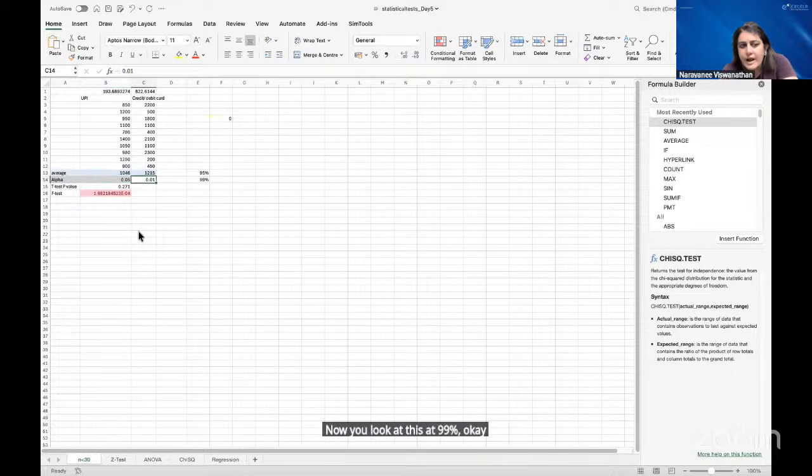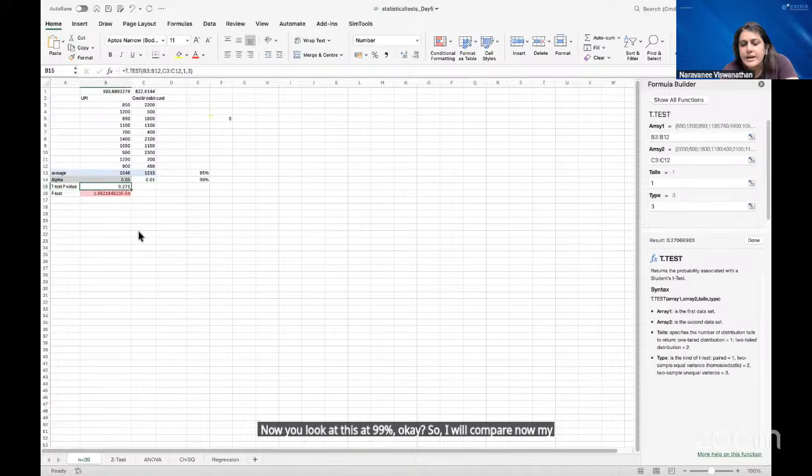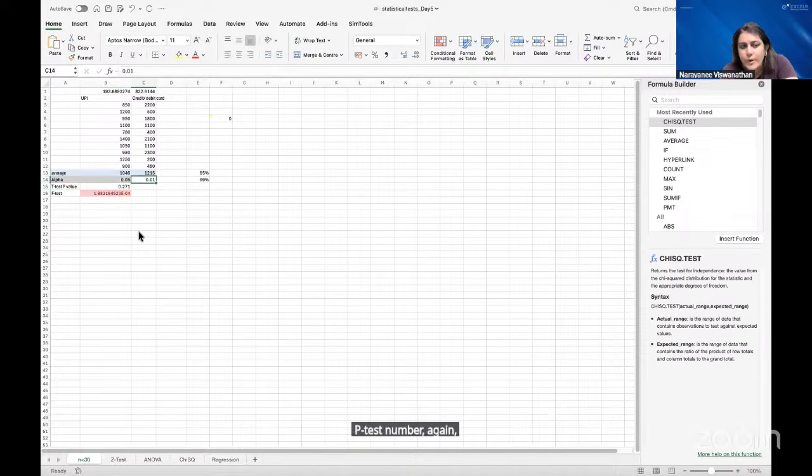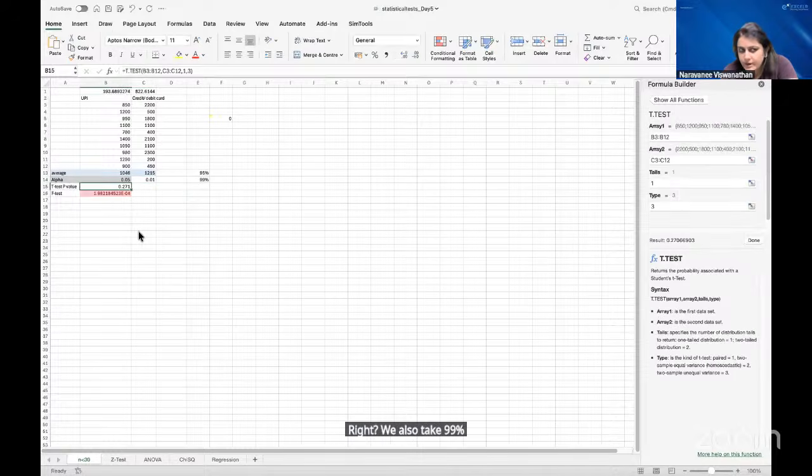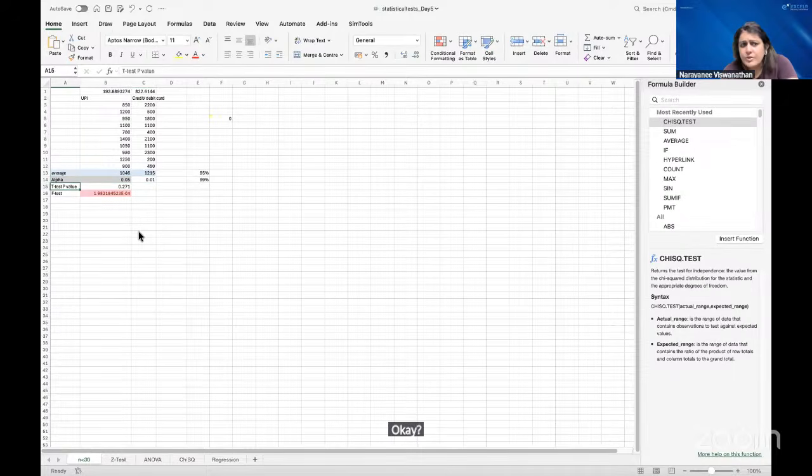So I will compare now my t-test number against 0.01. Generally we put it at 5%, but in cases which are very, very common, we also take 99%. So this alpha depends on how this data occurs in nature.